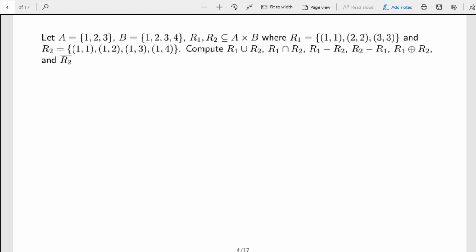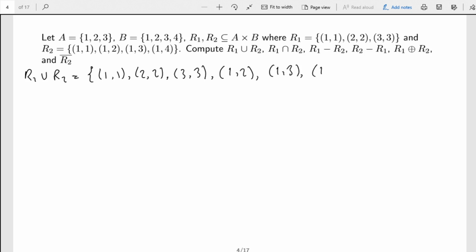So let's start with R1 union R2. Here is R1 union R2. You take all pairs from R1: (1,1), (2,2), (3,3). And then you add the pairs from R2, of course excluding the duplicate. So you essentially add (1,2), because (1,1) is already there, and then (1,3) and (1,4).